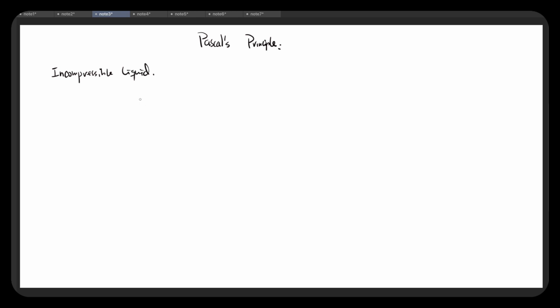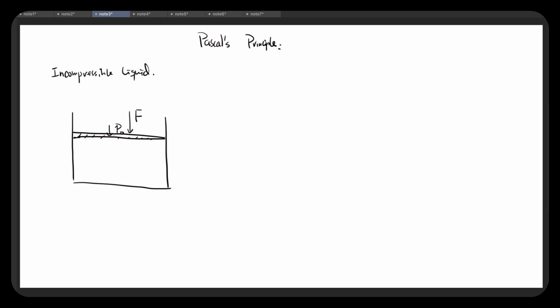Okay, so for an incompressible liquid, let's look at a picture here. Let's say we have a liquid that goes up to this level, and at the beginning there's this 1 atm pressure due to the air on the Earth's surface. Now let's put on a piston here, and then we apply some additional force on it.